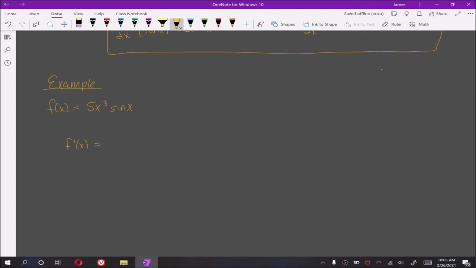So the product rule says we take the first function, multiply it by the derivative of the second function, add the second function times the derivative of the first function. Simplifying this, we can factor out a 5x squared, and we'd be left with x cosine of x plus 3 sine of x.